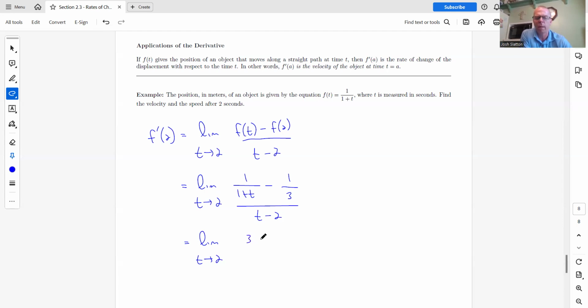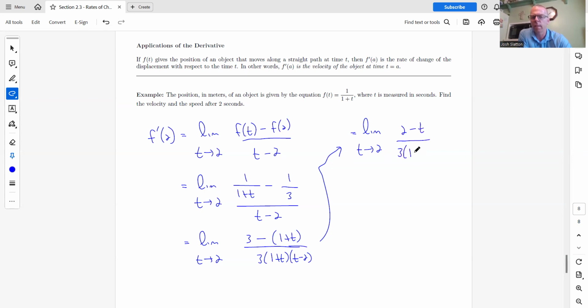So we have 3 minus 1 plus t over 3 times 1 plus t, and then we also add this to the denominator. So limit as t approaches 2, we have 3 minus 1 plus t, which simplifies to 2 minus t, over 3 times 1 plus t times t minus 2.